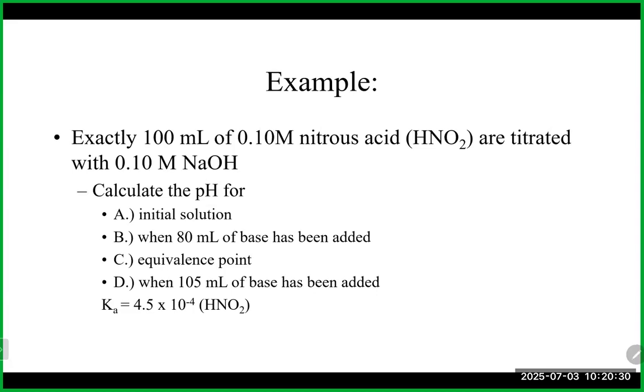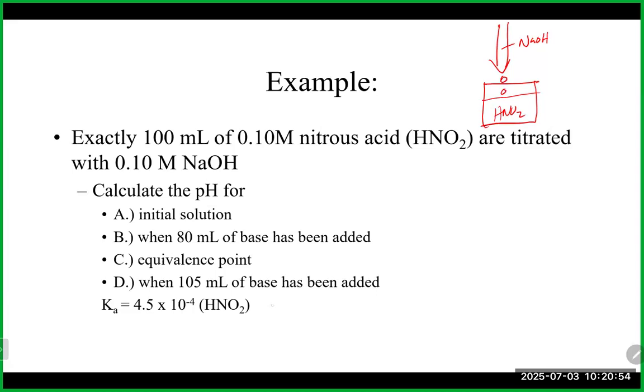So we are titrating 100 milliliters of nitrous acid with 0.1 molar sodium hydroxide. The setup of this is our sodium hydroxide right up in the burette. Down here we have our nitrous acid, and we're adding our sodium hydroxide to our nitrous acid.